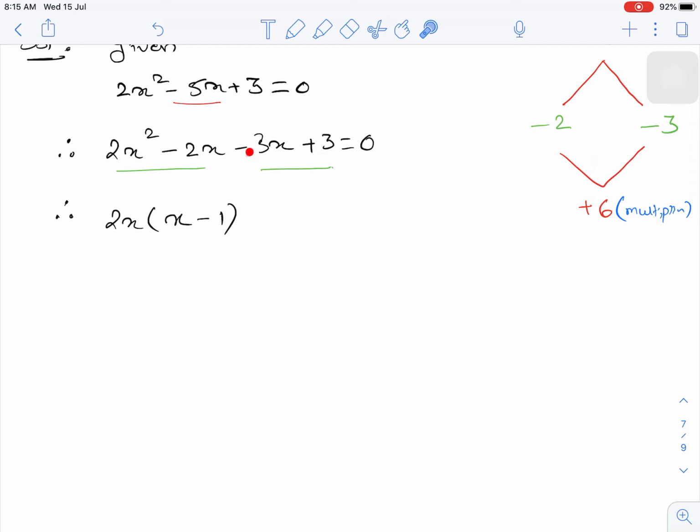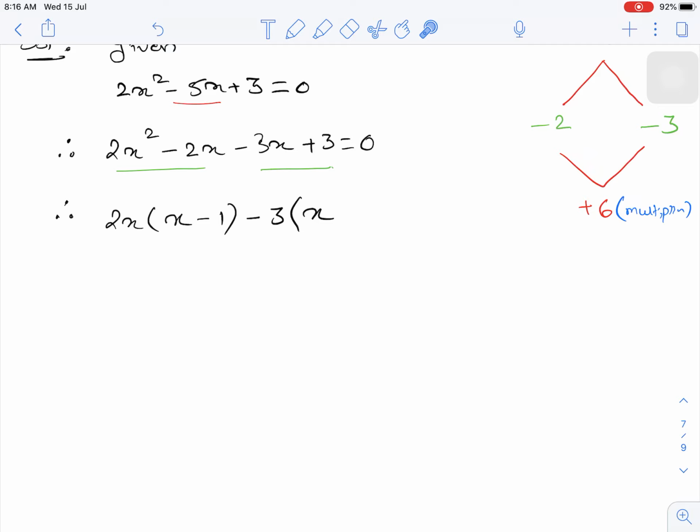Since minus is written here, we will write minus 3 outside the bracket. Now minus into what will give you minus 3x? Minus 3 into x gives minus 3x.